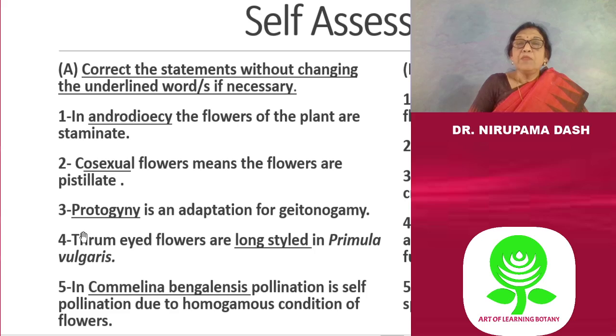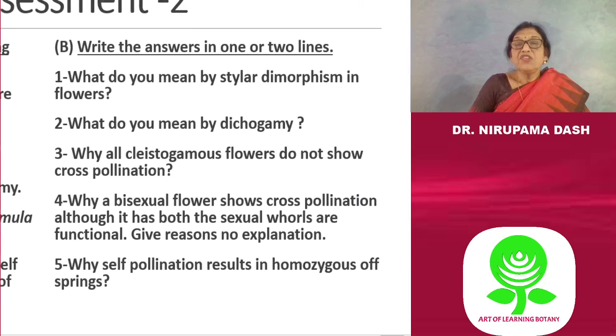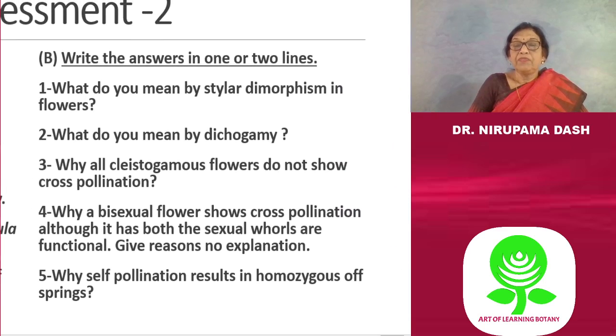Correct answer: pin flowers are long-styled in Primula vulgaris. Fifth question: in Commelina bengalensis, pollination is self-pollination due to homogamous condition of the flower. Answer: in Commelina bengalensis, pollination is self-pollination due to cleistogamous condition of the flower.